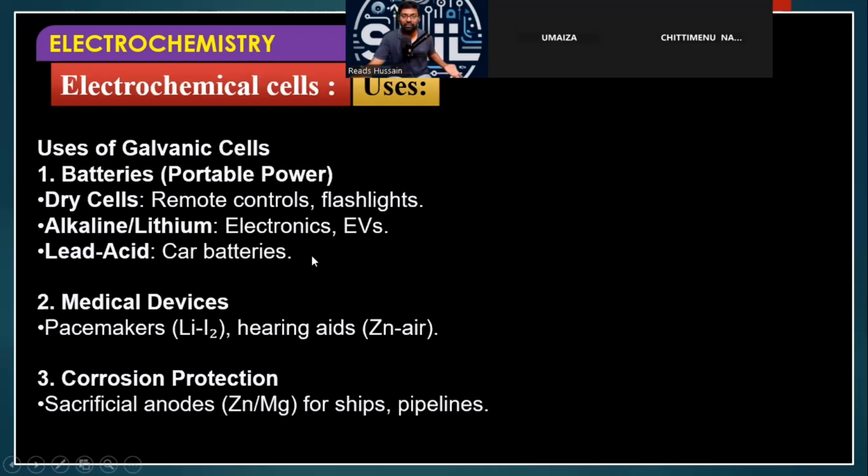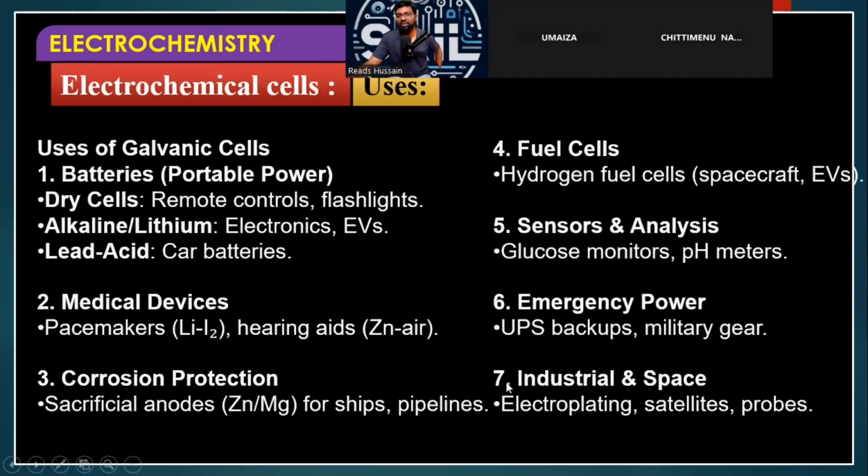Also medical devices like pacemakers and hearing aids, corrosion protection like sacrificial anodes for ships and pipelines, and many others: fuel cells, sensors, analysis, emergency power, industrial uses and space. Many applications are there. In all these devices, we use electrochemical cells, and these cells convert chemical energy into electrical energy.